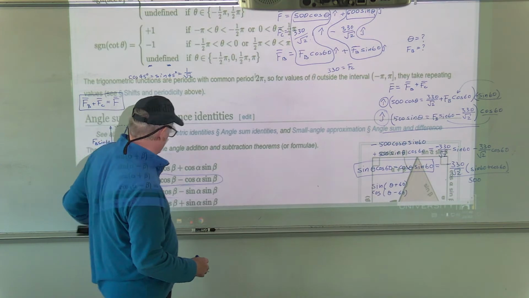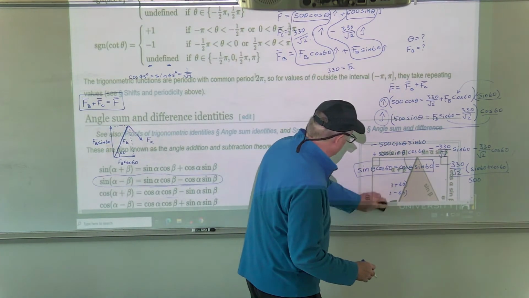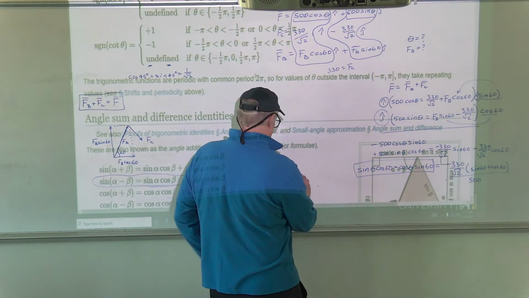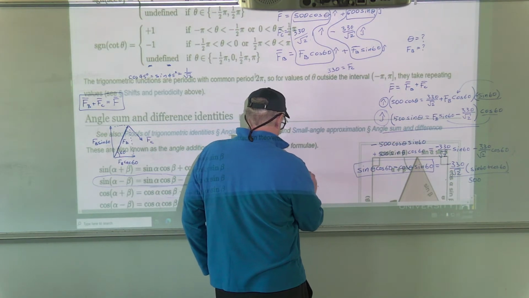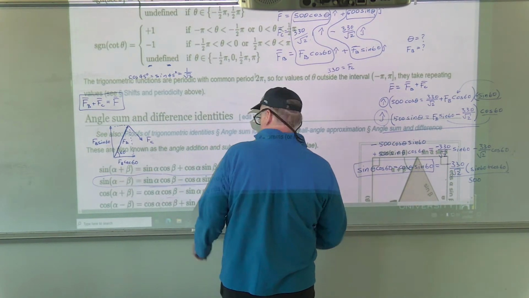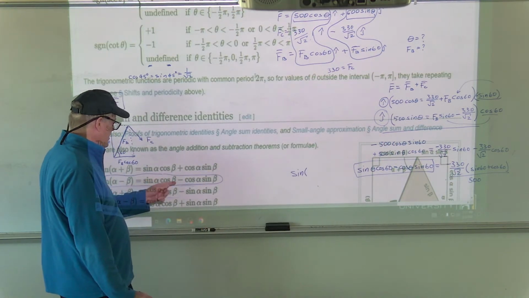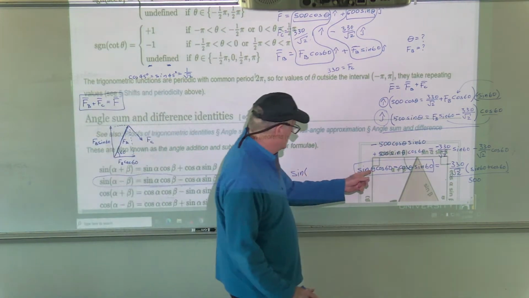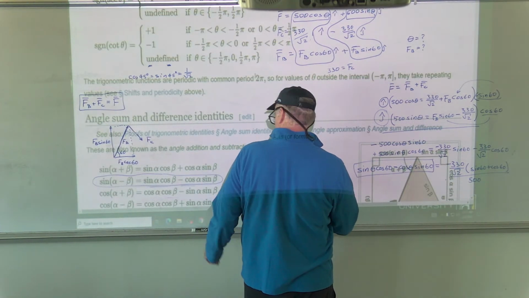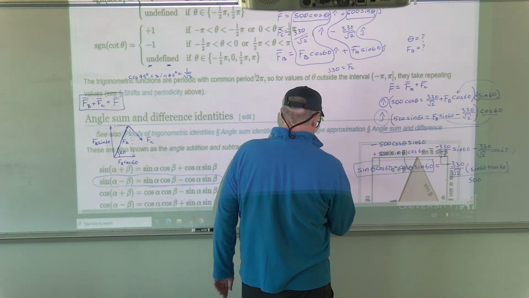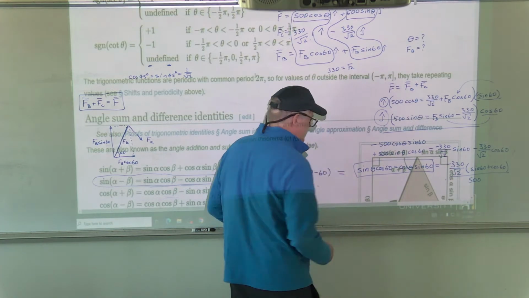So the question is, what is alpha here? First of all, it's going to be sine. The alpha is the one that is the sine on the positive component. So it'd be theta, and then it's going to be minus 60 equals 2.